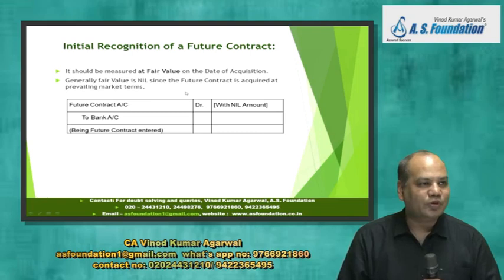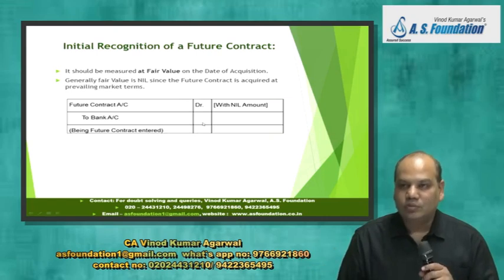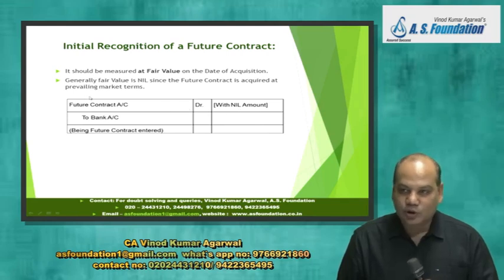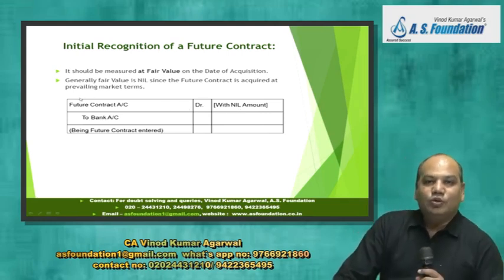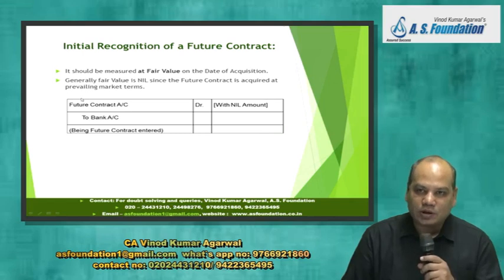You enter into a future contract at the ongoing price only, right? So future contract account debit to bank account, but the entry will be for nil amount. In fact, you may not pass this entry, you can just write a note in the answer: no journal entry is required because the fair value is nil.